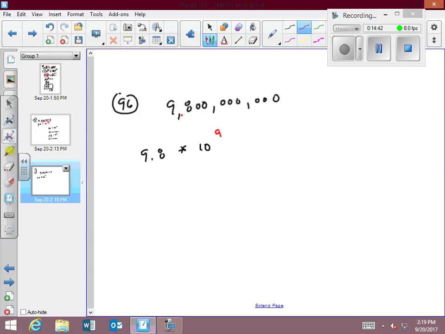The next problem says go to decimal notation. So it's 98. We go 6.2 times 10 to the 10. 116. 10 to the minus 12.